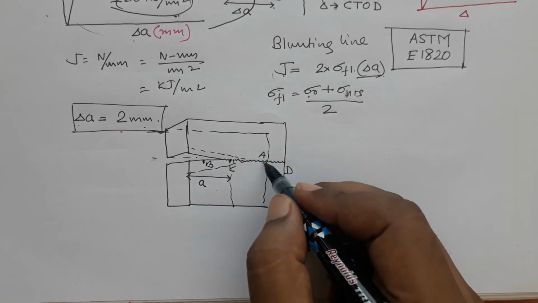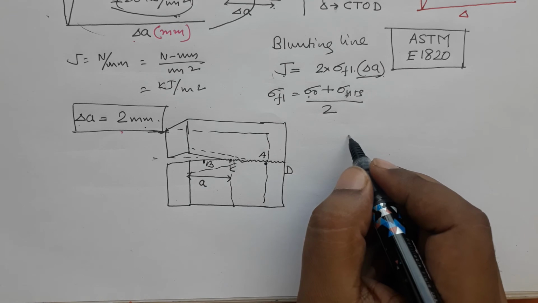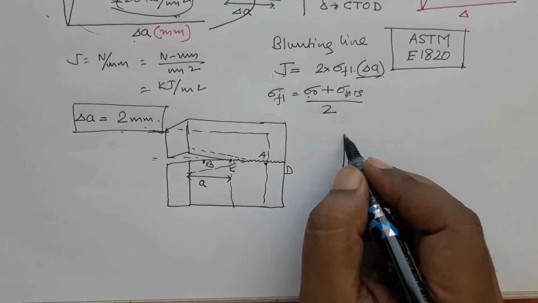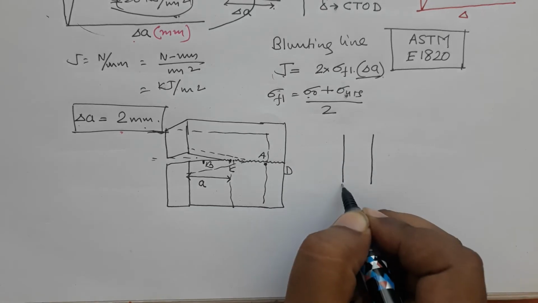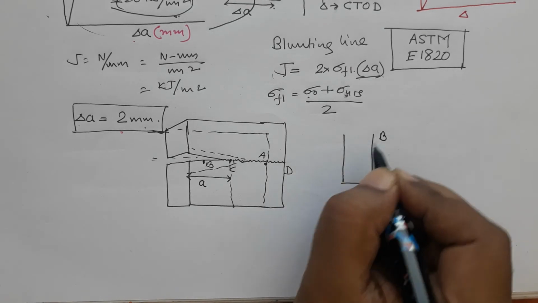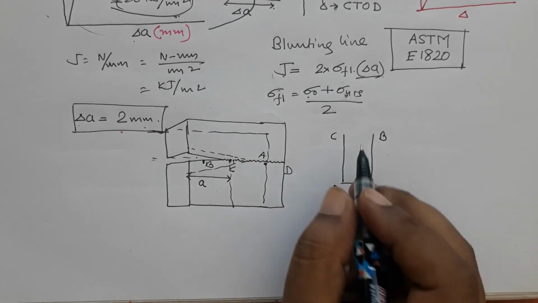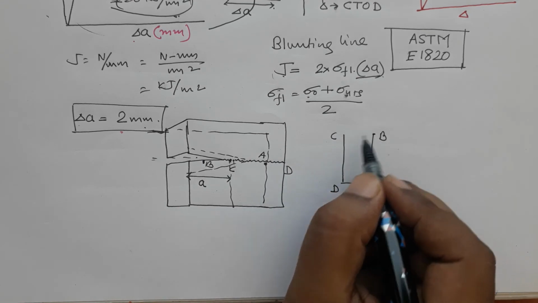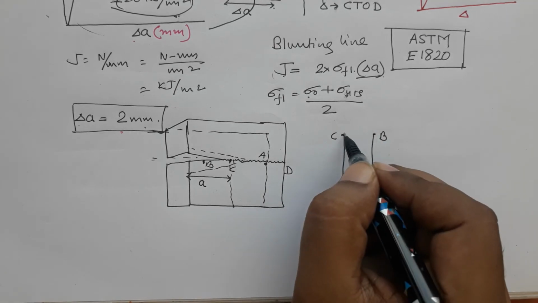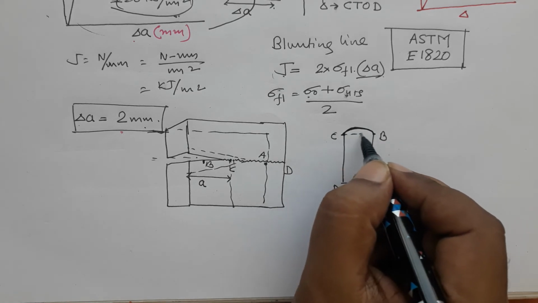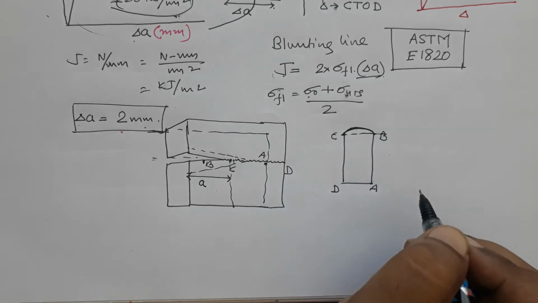So, now I am looking at A, B, C, D from the top, okay, and I am looking in this way. So, this is my A point, this is my B point, this is C, this is D, right, and it has broken. The fatigue pre-cracking at the surface was here, but inside it has a shape like this. Okay. So, it is not like this, but it is like that.